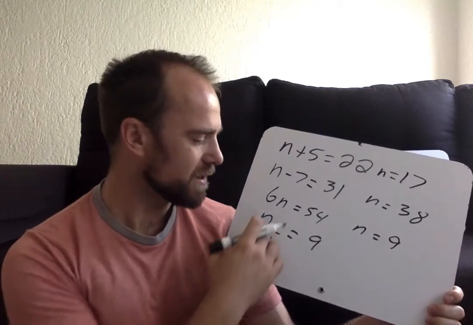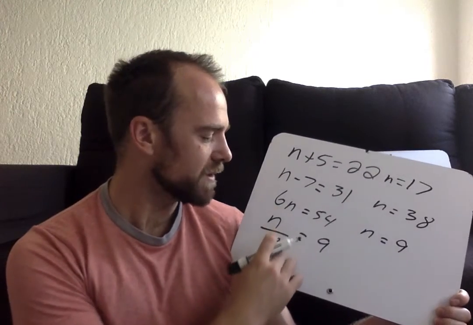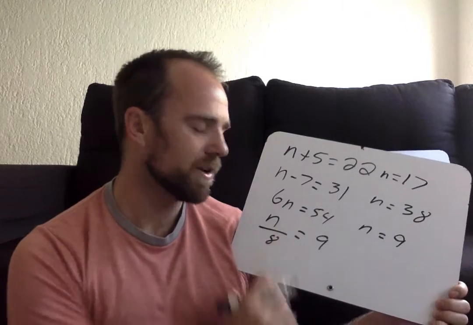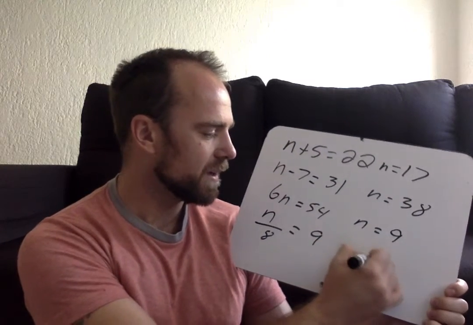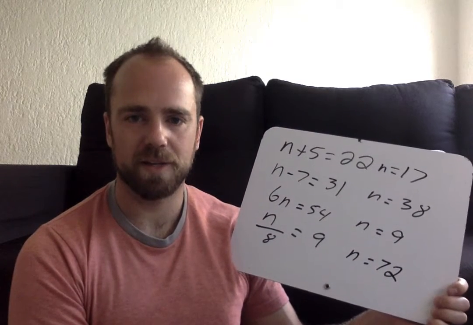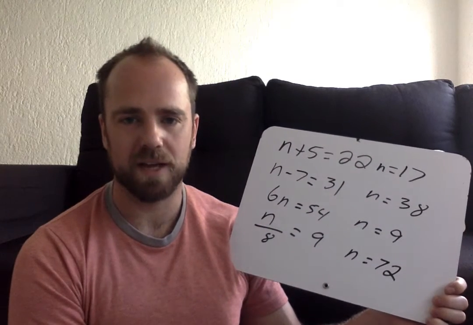Well, like I said, it's not really a fraction, it's the same as division. So we have something divided by 8 is 9. When I put it over and do 9 times 8, I end up getting n equals 72. 9 times 8 equals 72, or I can say 72 divided by 8 equals 9.